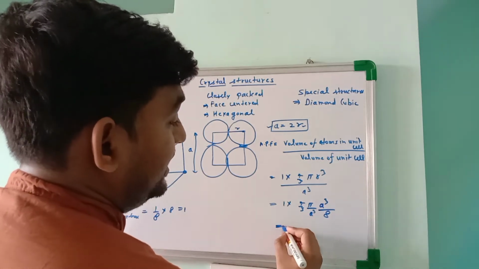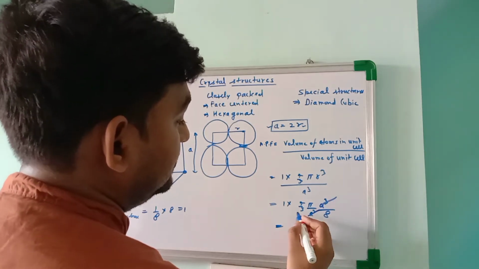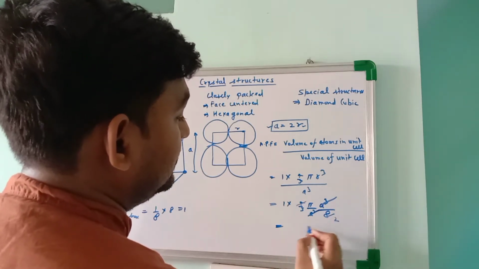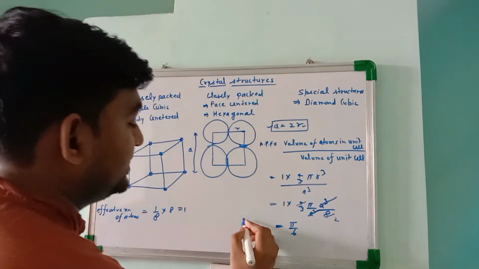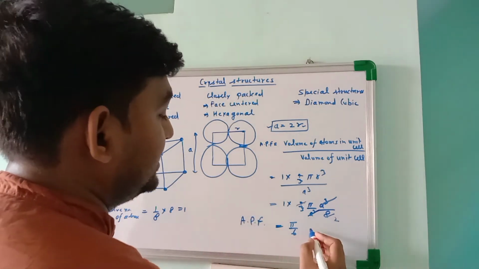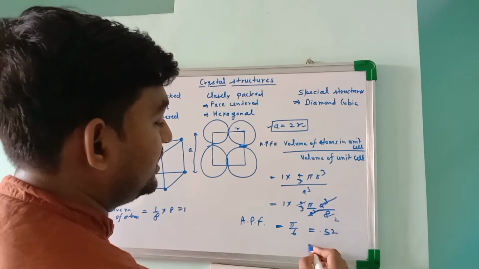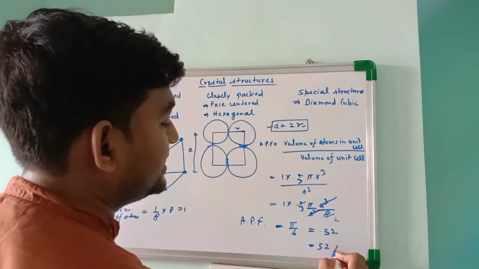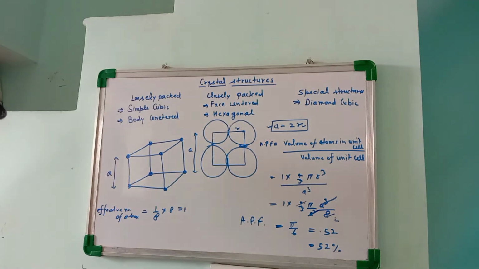So finally we get pi by 6. So this is the atomic packing fraction for simple cubic lattice, and it equals 0.52. That means 52%.